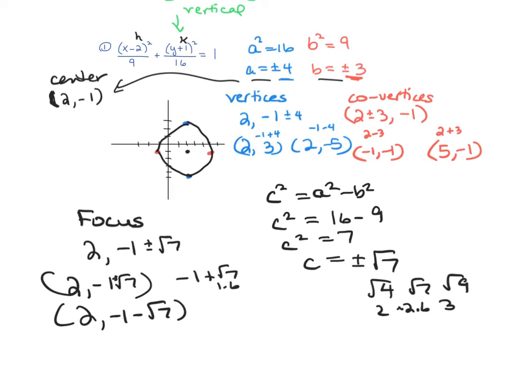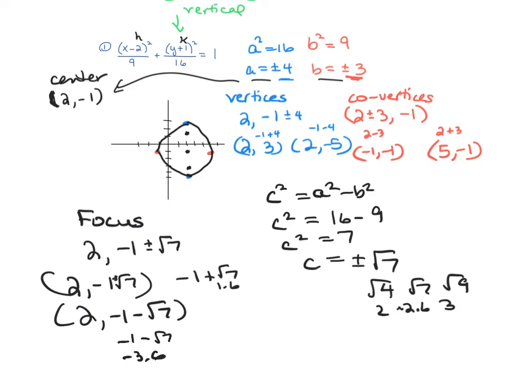And then over here, -1 minus root 7, which is about 2.6, it's about -3.6. So again, let me go ahead and add in the focus points. So I'll say here about -3.6, so about here. And then -1, and then 1.6. And those would be your focus points.